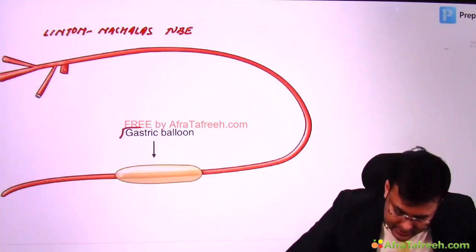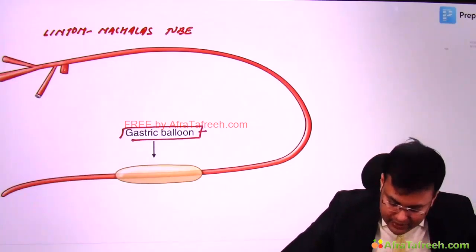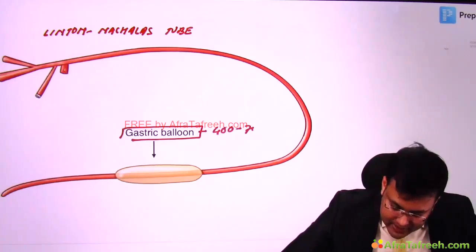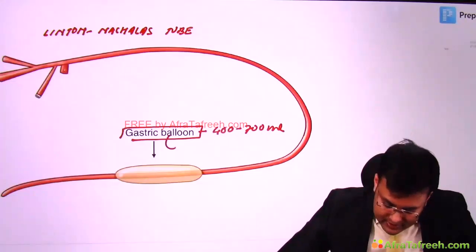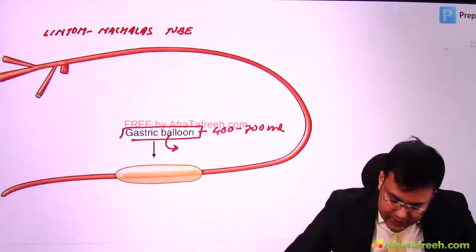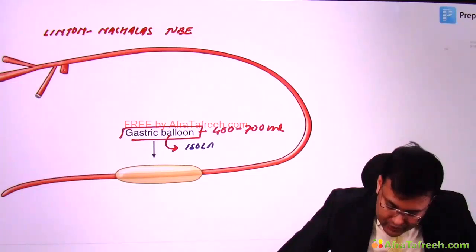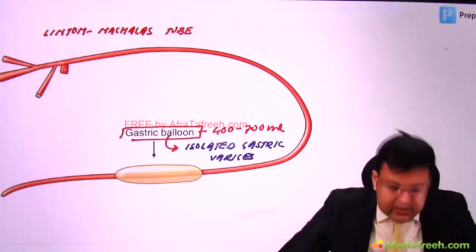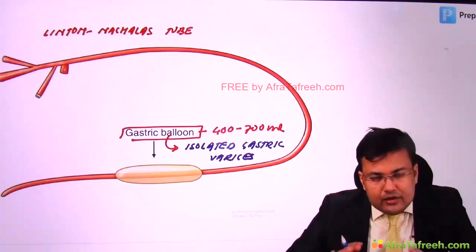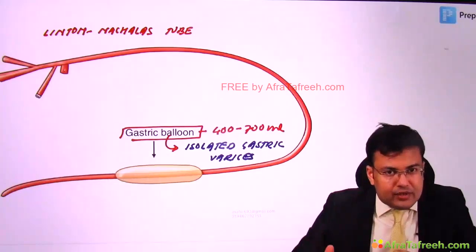Yes, there is a single balloon, that is the gastric balloon, with a capacity of 400 to 700 ml. So this single balloon tube is used for isolated gastric varices. Clear? So these tubes are used to control bleeding during transportation.